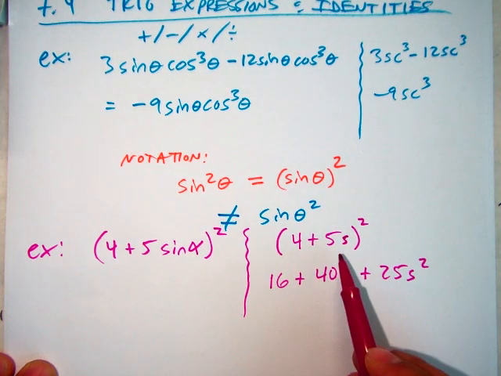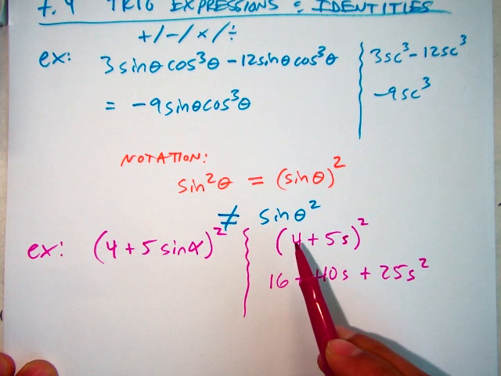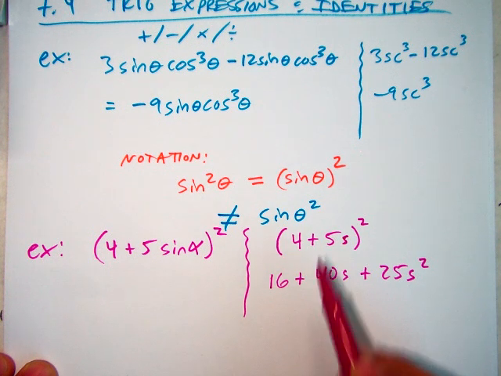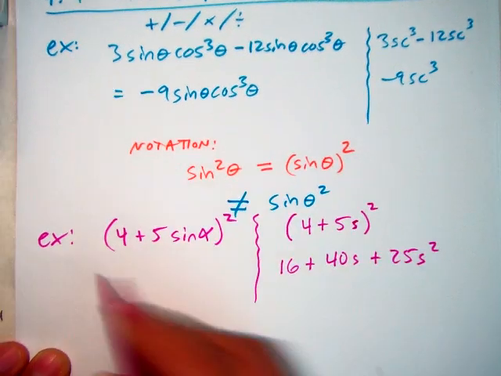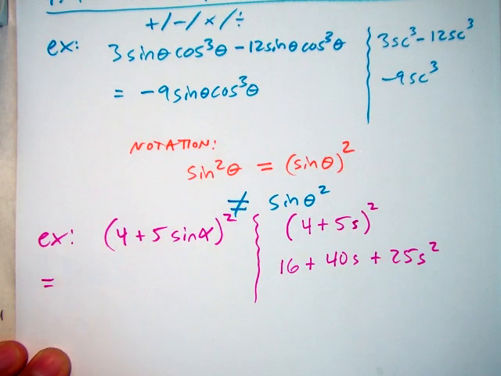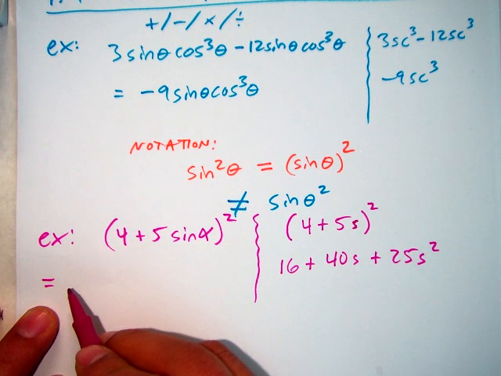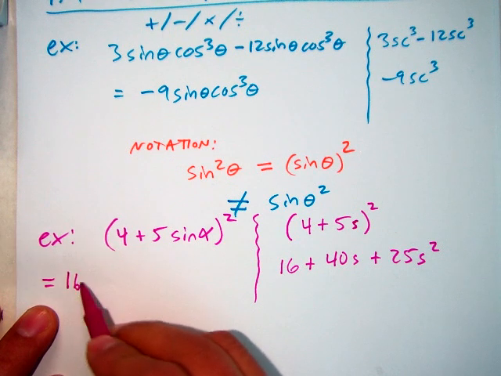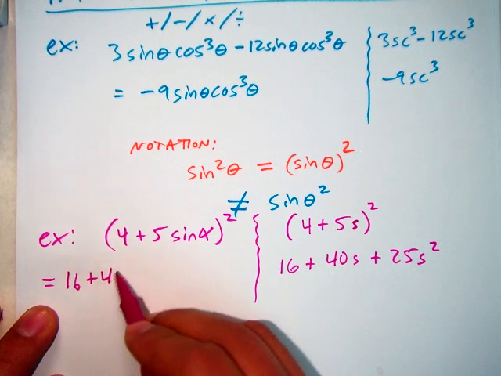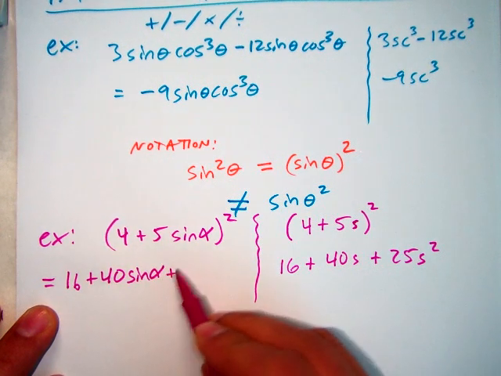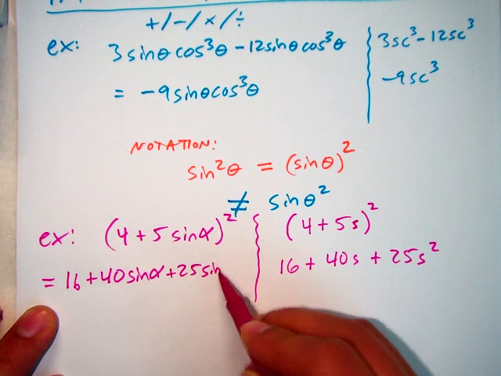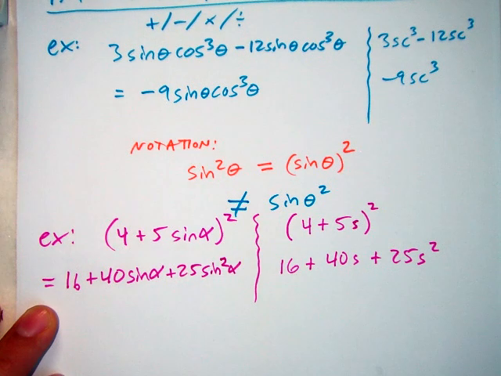Either FOIL or remember the pattern, right? 4 squared, double both of these combined, you get 40s, and then the last term squared. So what would this be equal to? 16 plus 40 sine alpha, plus 25 sine squared alpha. There you go.